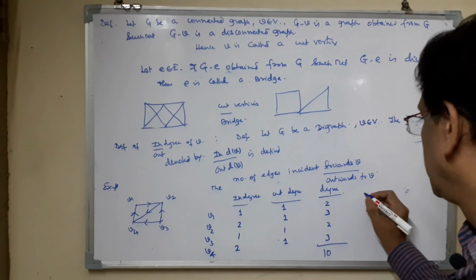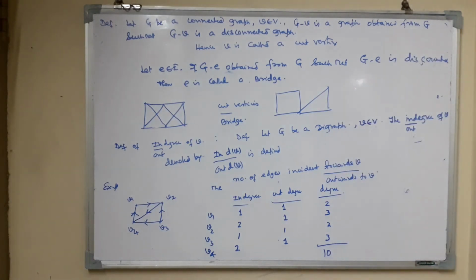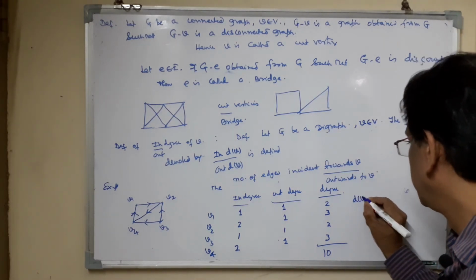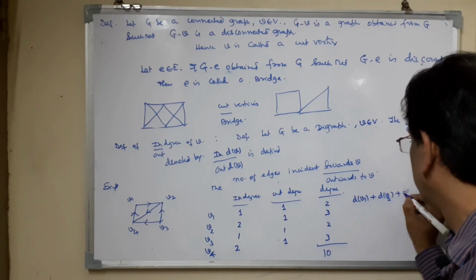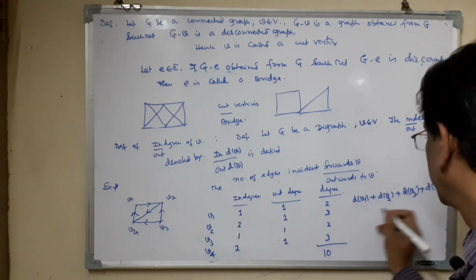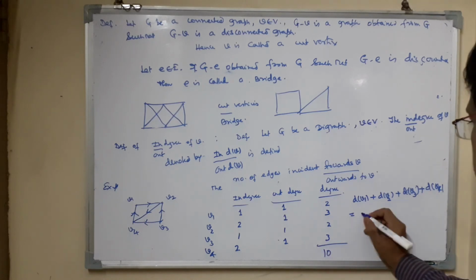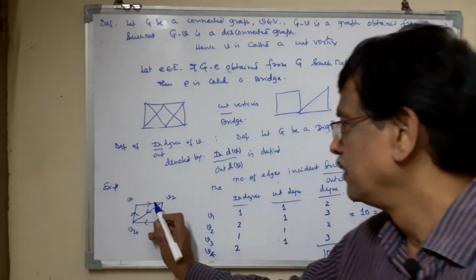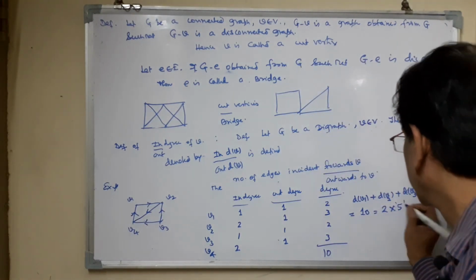The same old handshake lemma. The handshake lemma says the sum d(v1) plus d(v2) plus d(v3) plus d(v4) is equal to 2 plus 3 plus 2 plus 3, which is 10, which is equal to twice the number of edges. How many edges are there? 1, 2, 3, 4, 5. There are 5.